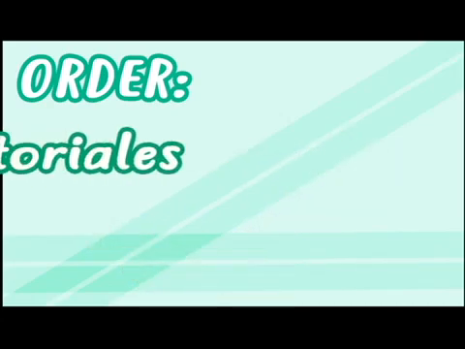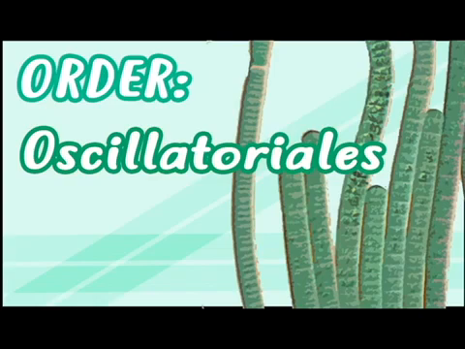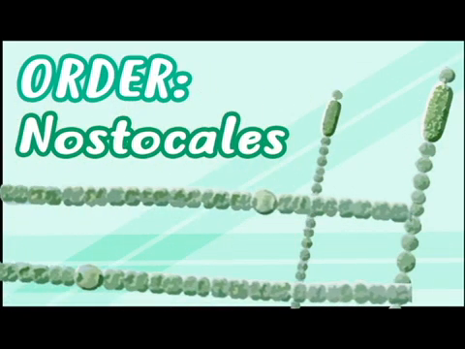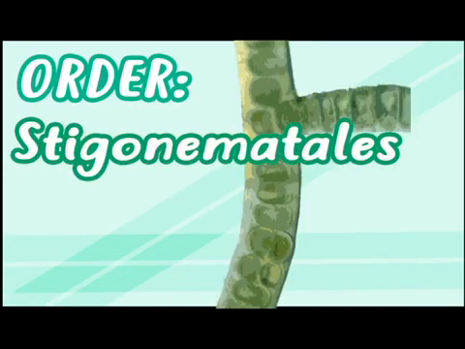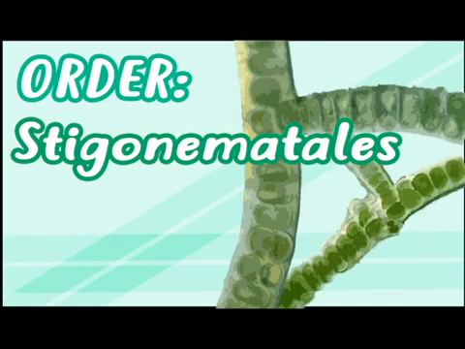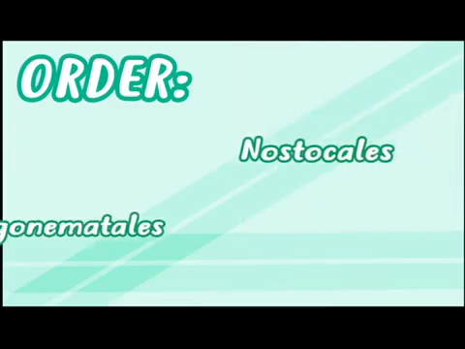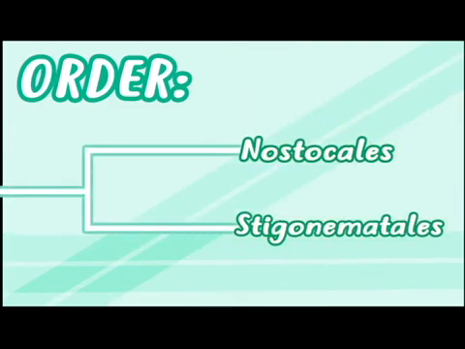Order Oscillatoriales: unbranched homocytous filaments, without heterocysts and akinetes. Order Nostocales: unbranched filaments with heterocysts and akinetes. Order Stigonematales: branched filaments, sometimes multiseriate, with heterocysts and akinetes. Nostocales and Stigonematales have now been found to be a monophyletic group based on the 16S rRNA analysis.